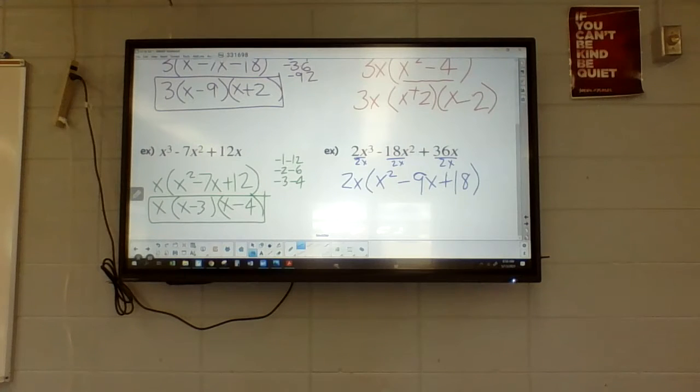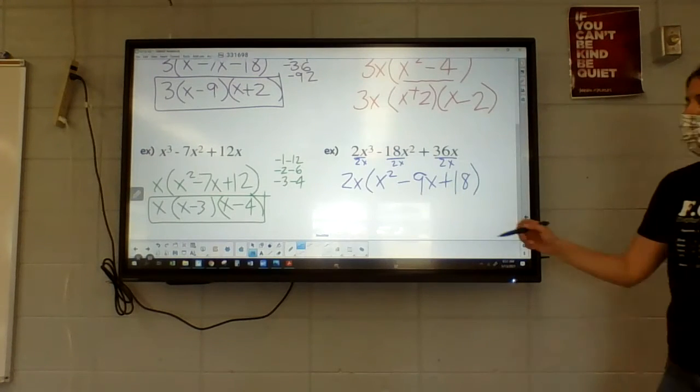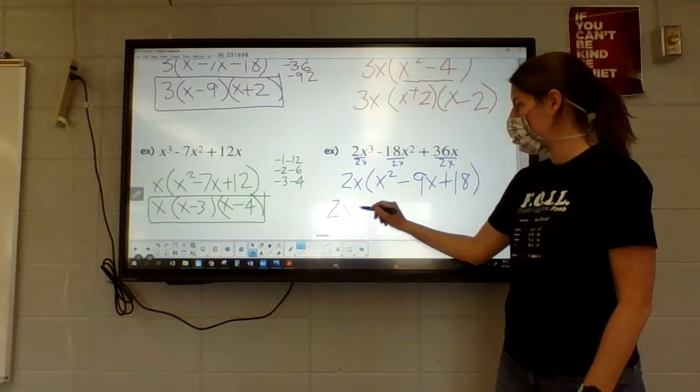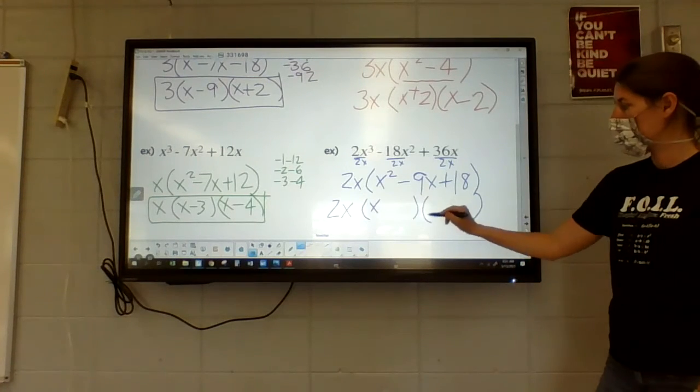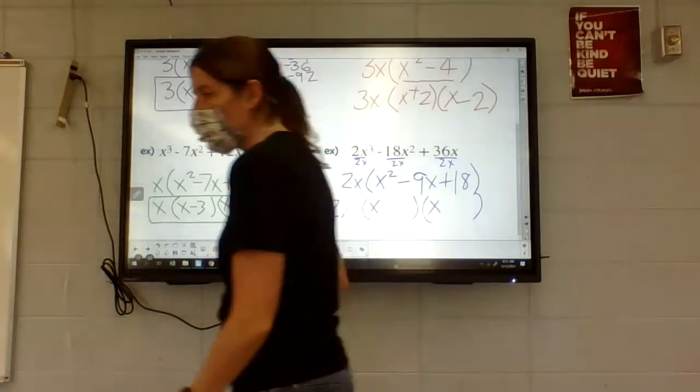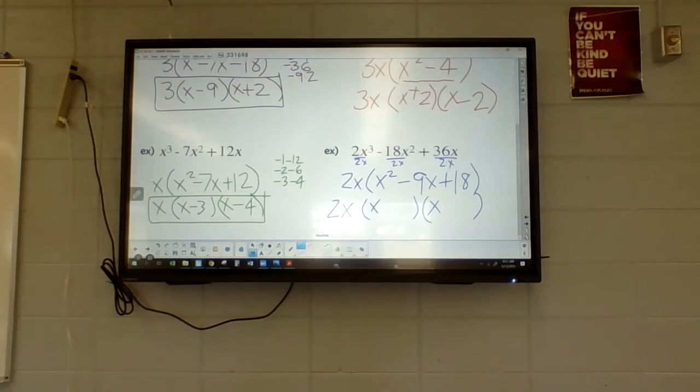Now what's left inside can be factored again. Take a minute to try that if you haven't already. Again, this is x times x. I want to multiply to 18, add to negative 9. Oh, I did that completely wrong, and that's why I was so confused.